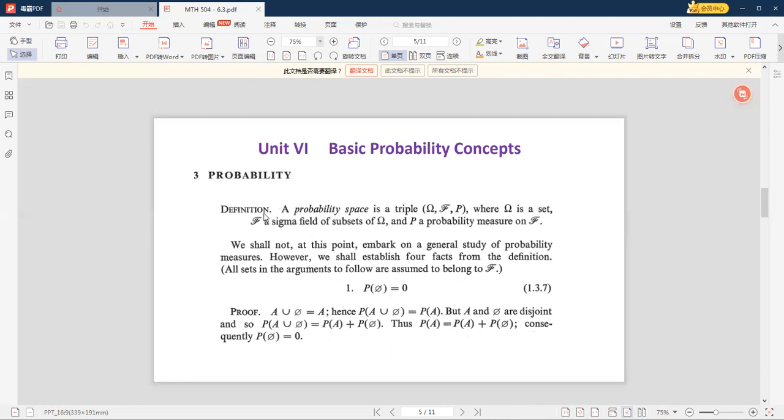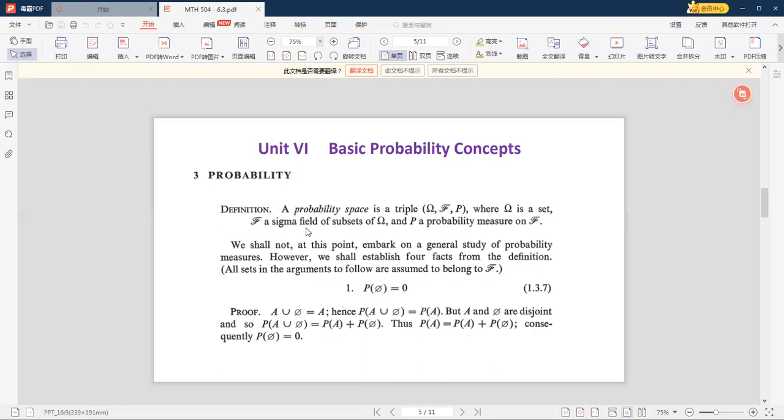So F is a collection or class of subsets of omega satisfying those three conditions, especially that the union of countable subsets in F is also in F. That's the key.